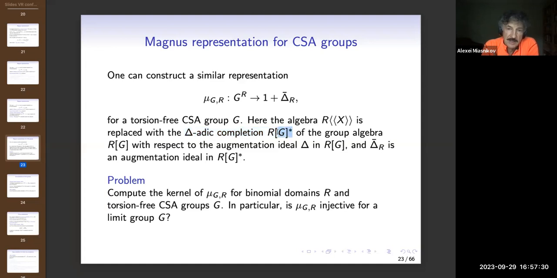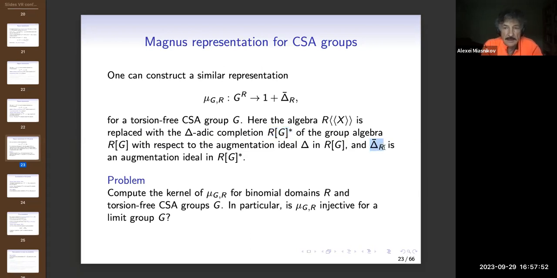I denoted it by a star, maybe Alina will complain, it's not C-star algebras anyway. So it's a completed group algebra. It's like infinite series, but infinite sums of linear combinations of elements from G.